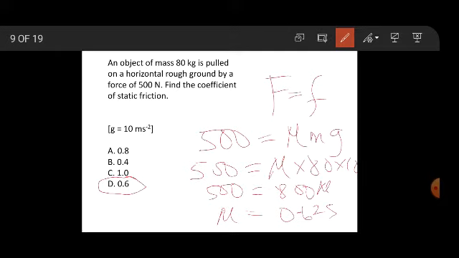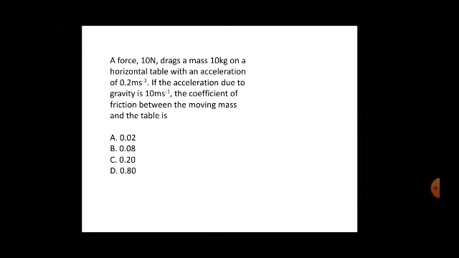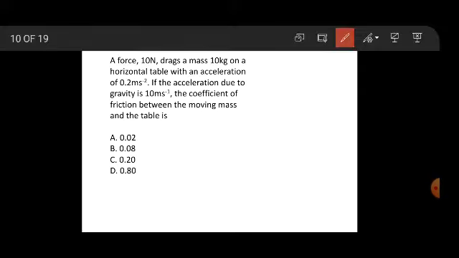Okay, so look at another question. A force of 10 newtons drags a mass of 10 kg on a horizontal table with an acceleration of 0.2 meter per second square. If the acceleration due to gravity is 10 meter per second square, the coefficient of friction between the moving mass and the table is. Now in this case the mass is moving.